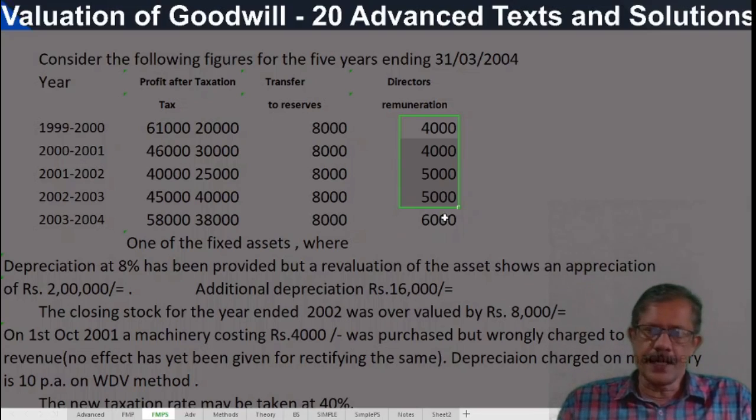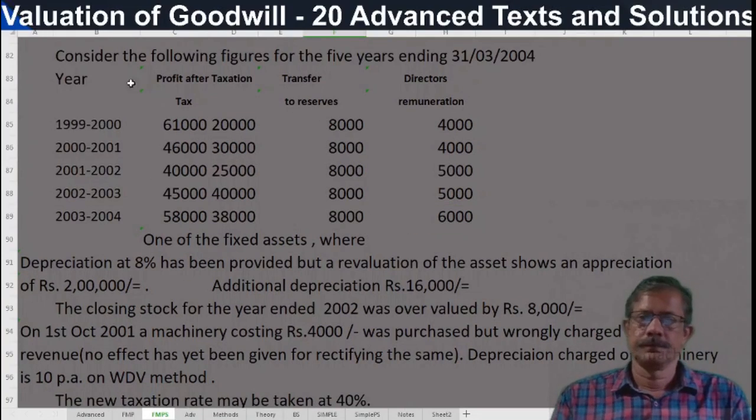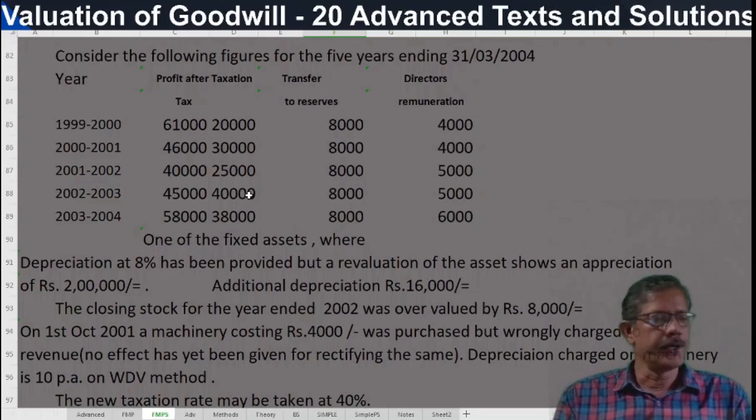6,000 rupees was the last year's remuneration. Normally directors' remuneration is fixed at the annual general meeting. It may be increased or may be decreased. So we need to calculate future maintainable profit. Right?